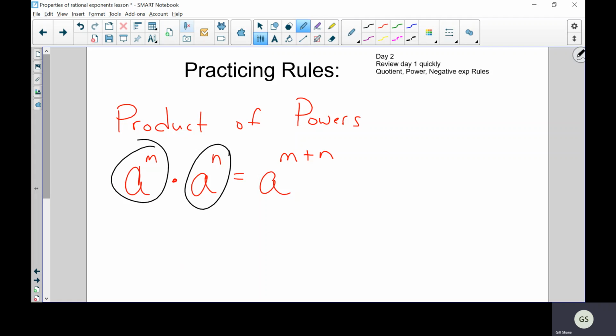You use this when you are multiplying numbers that have the same base. So you use product of powers when you are multiplying numbers that have the same base.